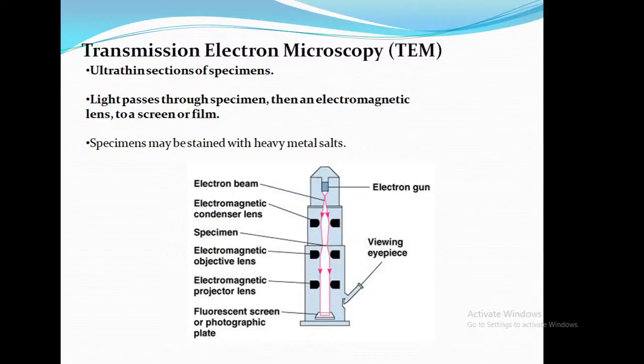First, electrons are emitted by the electron gun, which forms the electron beam. It passes through the electromagnetic condenser lens.